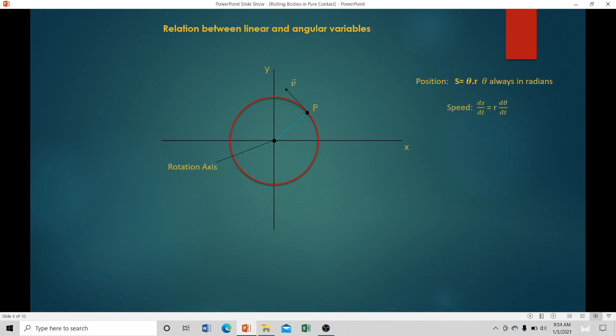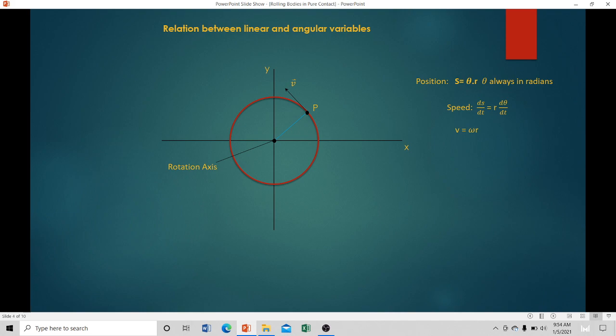If we take the derivative of this position, we have ds over dt is equal to r d theta over dt, with respect to differential time, where ds over dt can be rewritten as velocity v, and d theta over dt can be rewritten as omega.